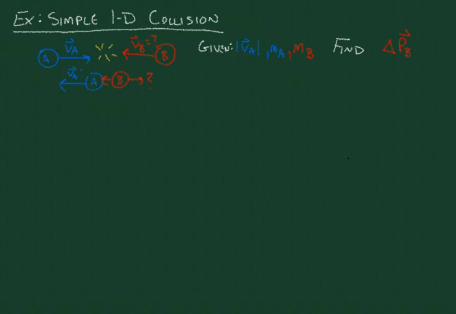Okay, so how can we do this? Well, there's two ways that you can think about solving this. So let's look at the way I think a lot of you would approach it first. So the first thing we do is we say, well, we know there's conservation of momentum.